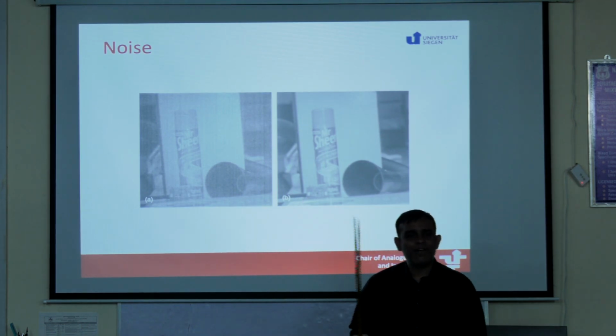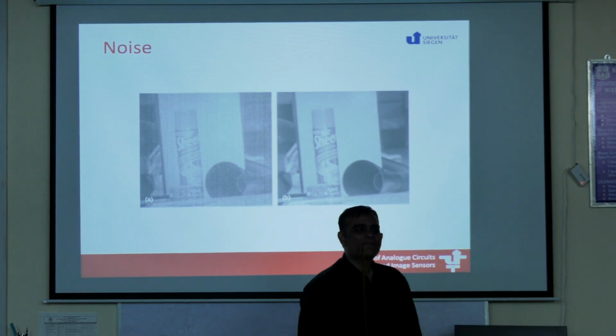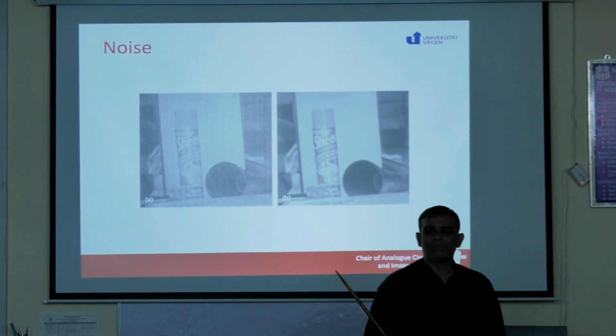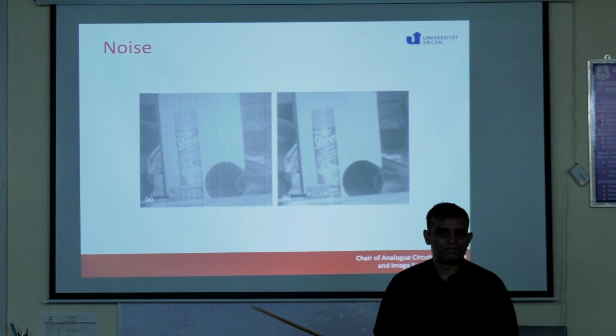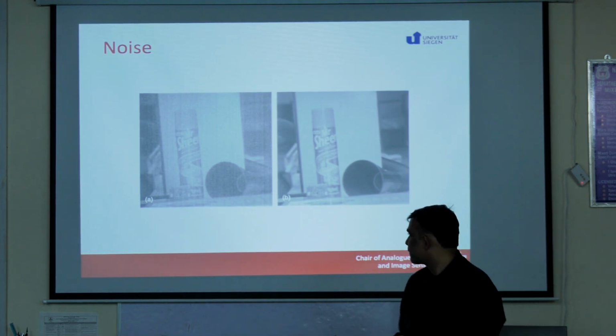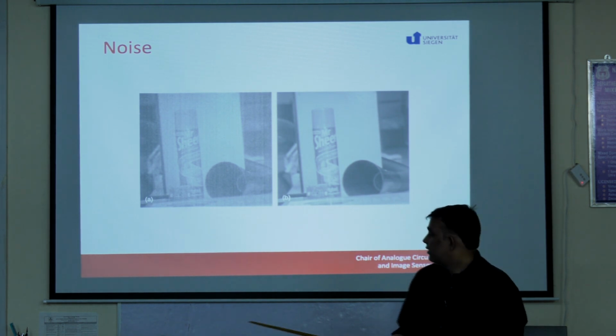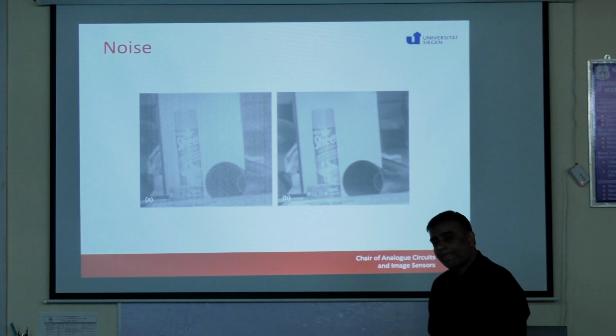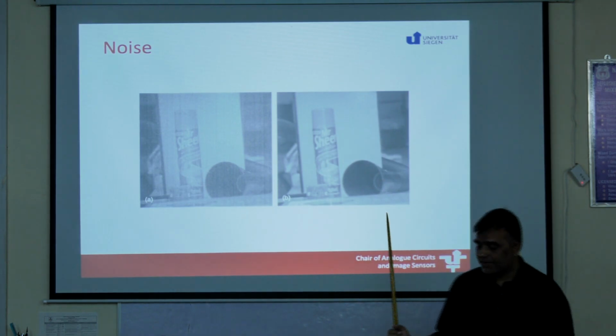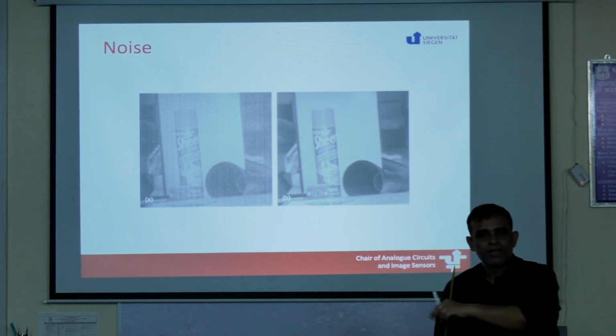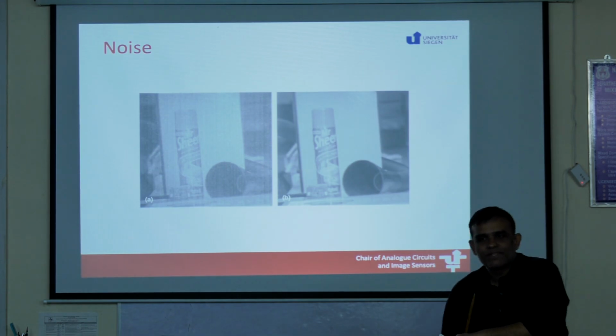So, now in the noise territory, an image produced by our camera pixel is noisy. And we need to get rid of this noise somehow. If you go into noise territory, then the question next would be, what other kinds of noises do you know?